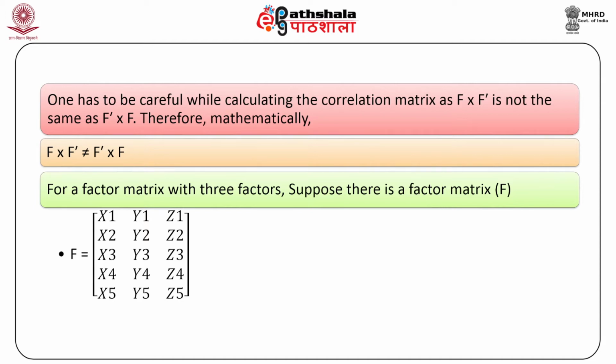For a factor matrix with three factors, suppose there is a factor matrix F in which factor 1 is x1, x2, x3, x4 and x5, factor 2 is y1, y2, y3, y4, y5 and factor 3 is z1, z2, z3, z4 and z5.